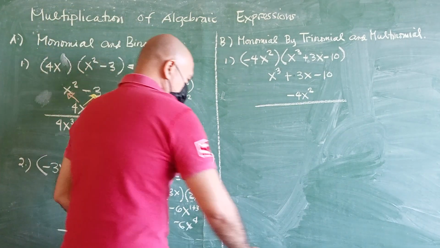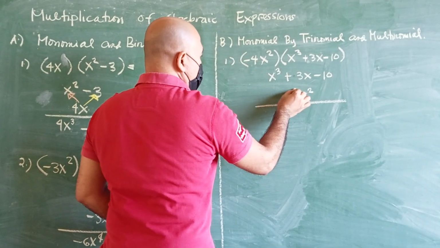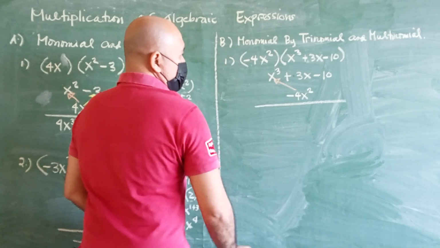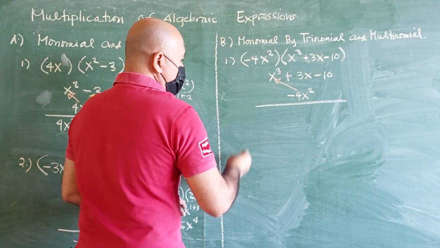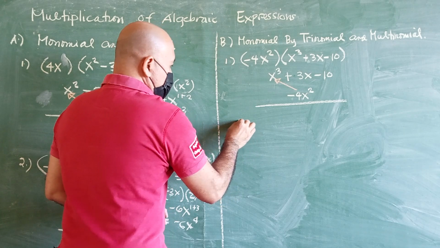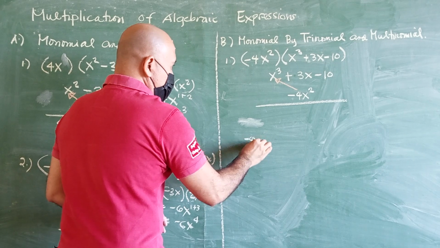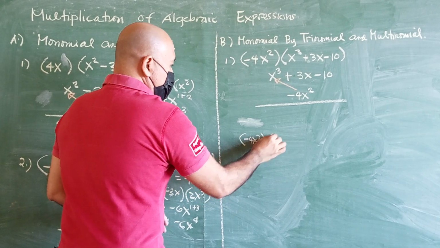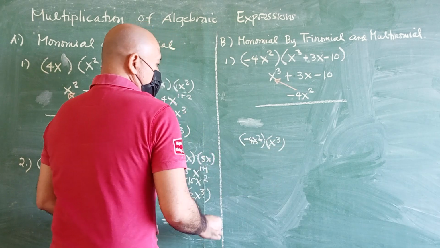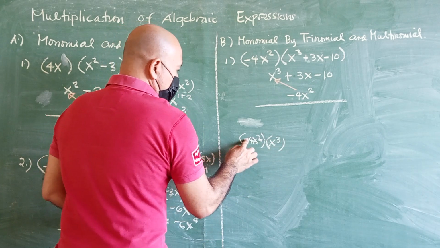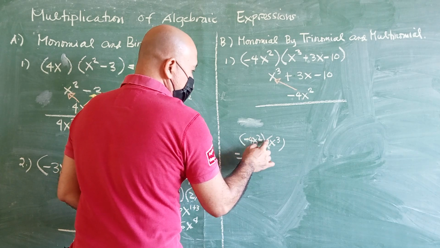So first, multiply negative 4x squared times x raised to the power of 3. In this case, you may have negative 4x squared times x cubed. So the result is, multiply integers and integers, or coefficient and coefficient.